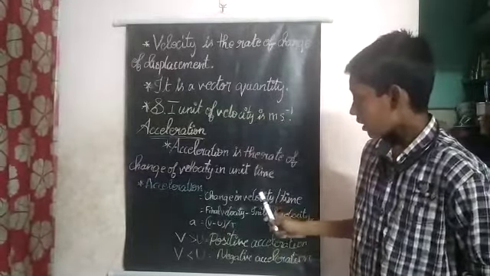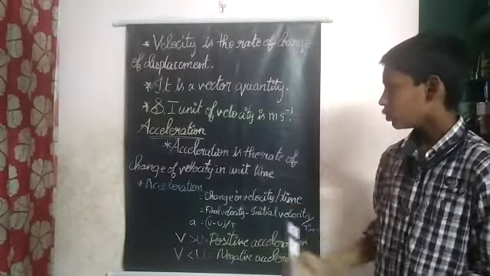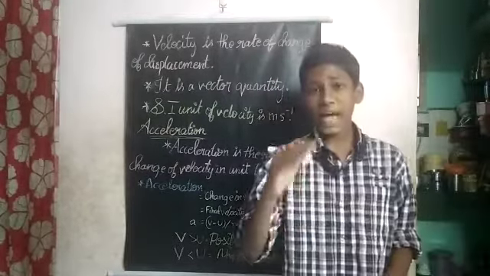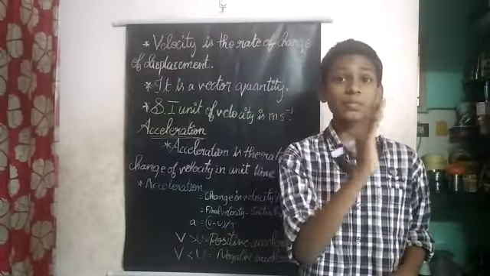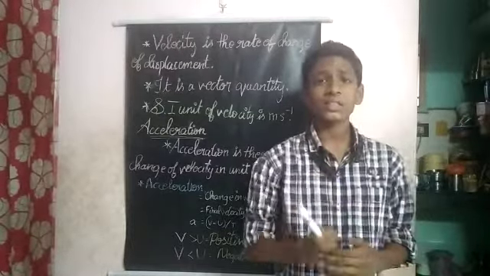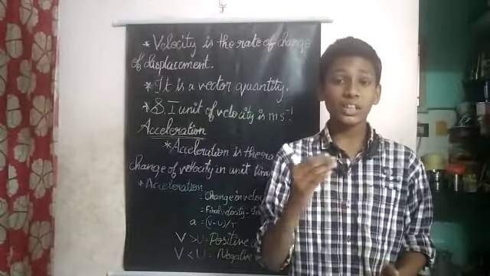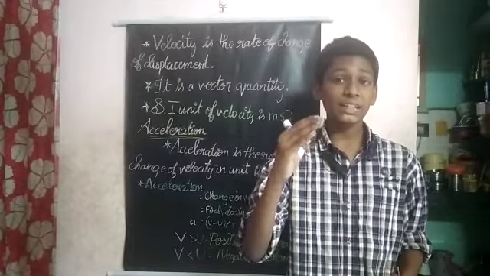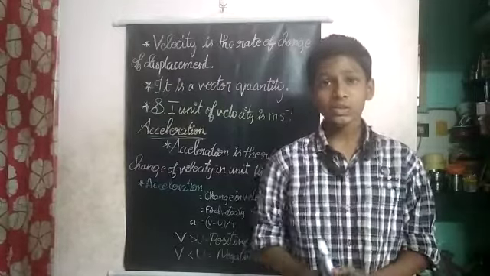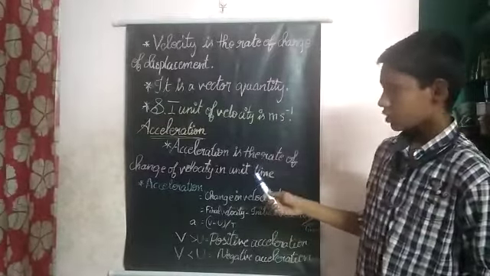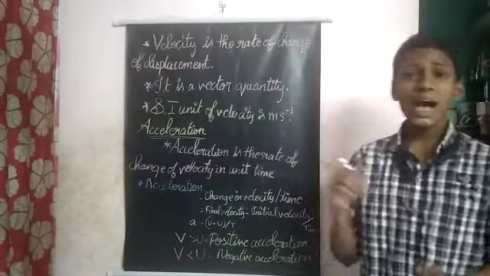So, there will be a change of velocity in unit time. When we accelerate the speed of the car, it will travel the same 60 kilometers in 30 minutes only. So, when we accelerate the car, the time decreases. So, there is a change of unit time. This is acceleration.